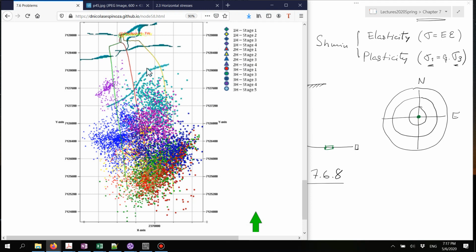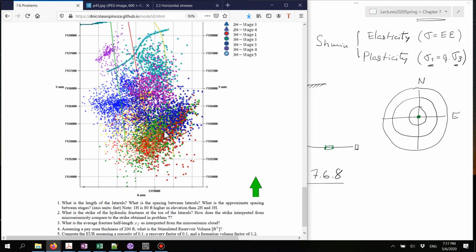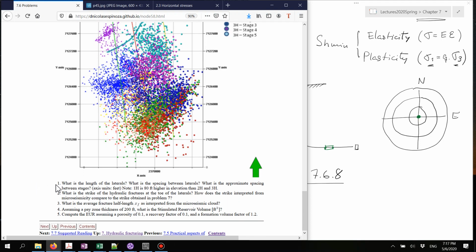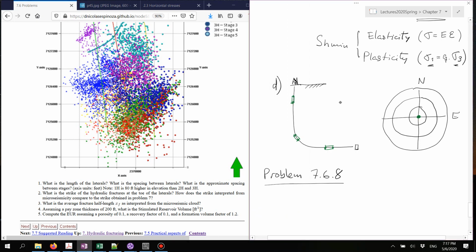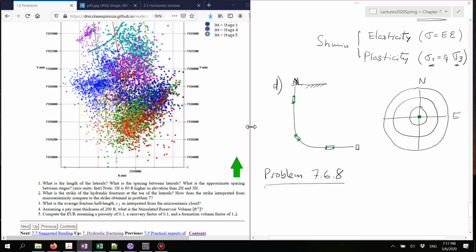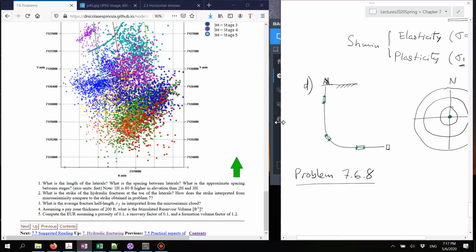First of all, information related to the wellbores, and then information related to the microseismic volume and the resulting stimulated reservoir volume. For the first question, number A, I'm asking what is the length of the laterals. That's more or less straightforward.